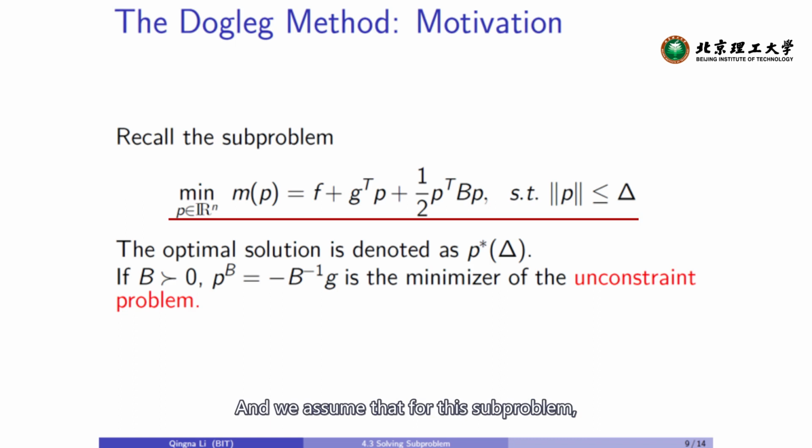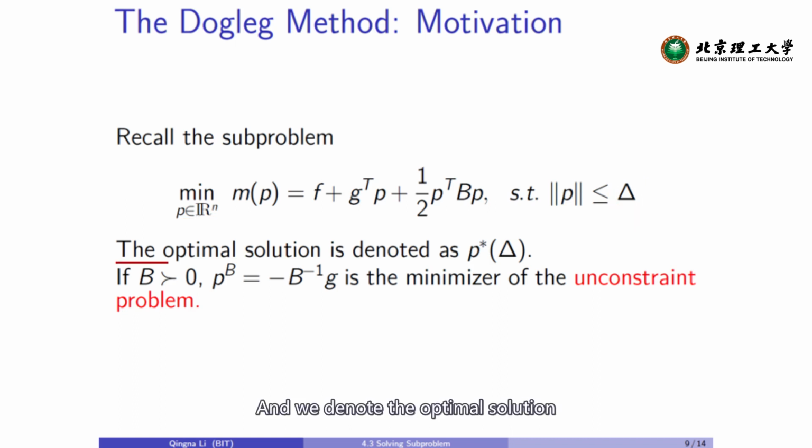We assume that for this subproblem, we take delta as the changing variable, and we denote the optimal solution of the subproblem as p*(delta). As delta changes, of course, the optimal solution will change as well. So p* is a function of the trust region radius.